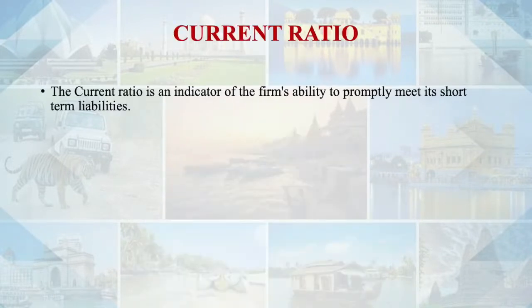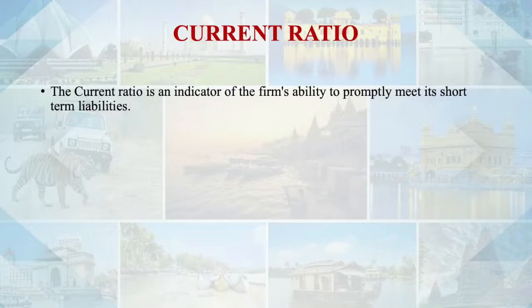Current ratio. First we will calculate the current ratio. Now what is this current ratio? Basically this current ratio talks about the short-term liquidity position of a company. It is an indicator of how well the company is able to meet its short-term liabilities.